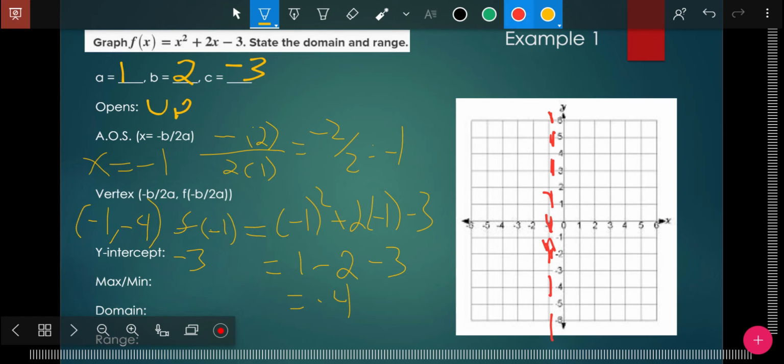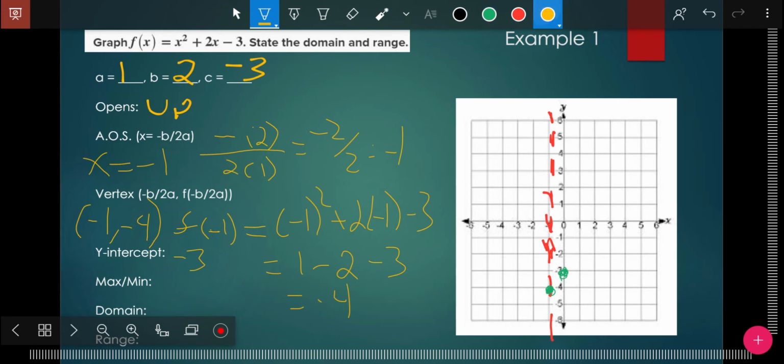At that point, let's start talking about the graph. All right, let's graph -1, -4, it's right here. And so that's my vertex. -3 is my y-intercept, so it's right there.